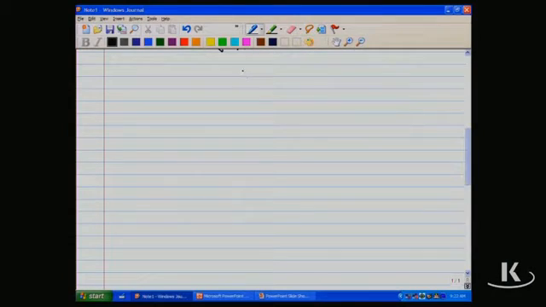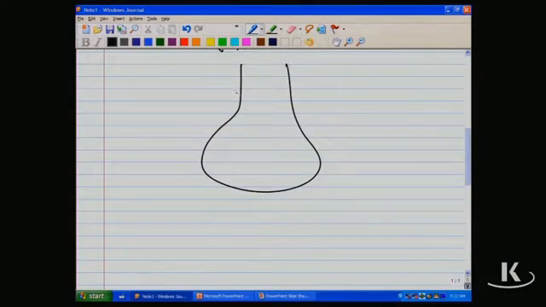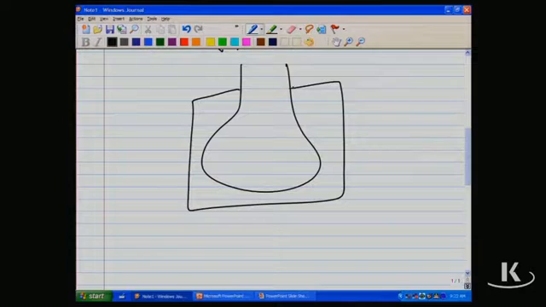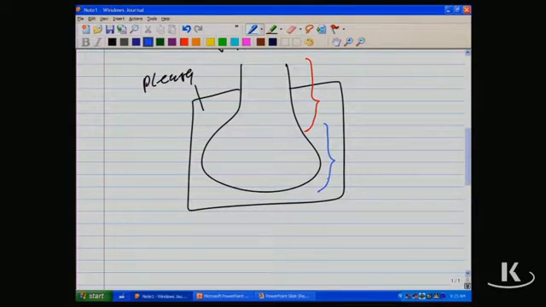If this represents the lung, this, of course, is the pleura. We can say that the lung consists of two functional zones. What are these two functional zones?